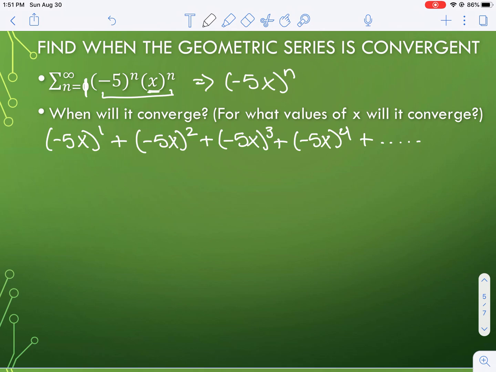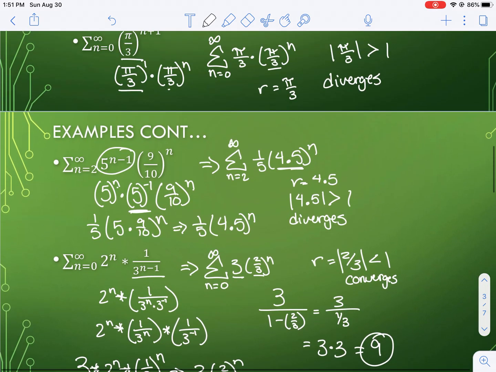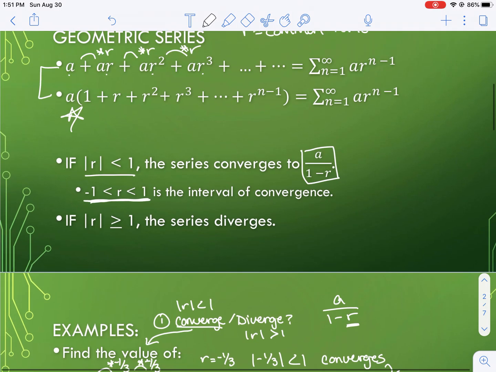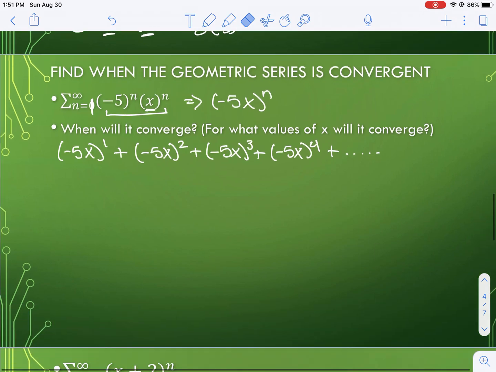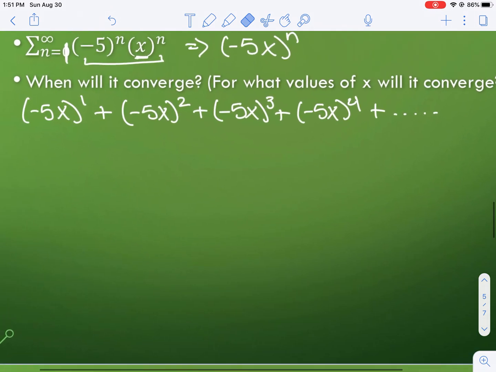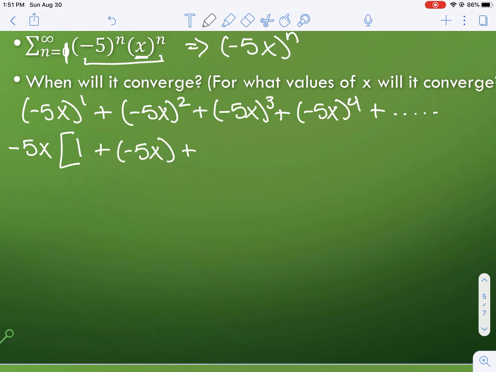Then we should see, can we factor out some a, so that way we can quickly identify what is the r here? What's the common ratio? So to do that, we're going to factor out negative 5x, and we get 1 plus negative 5x plus negative 5x squared plus negative 5x to the third, and so on and so forth.